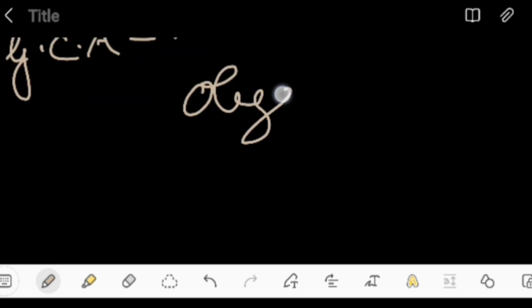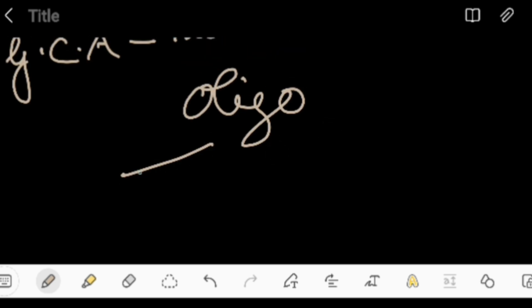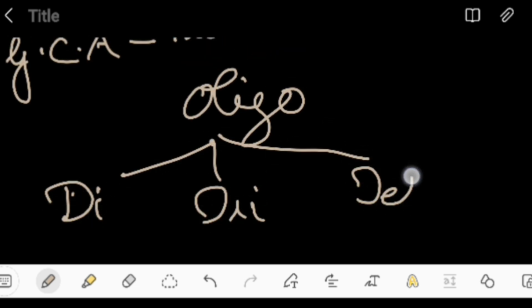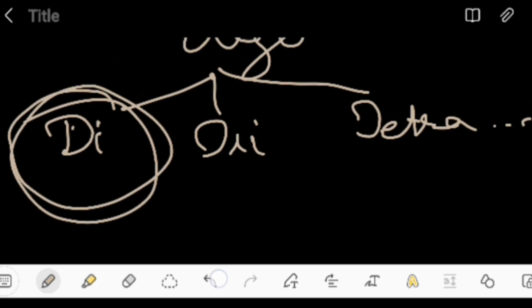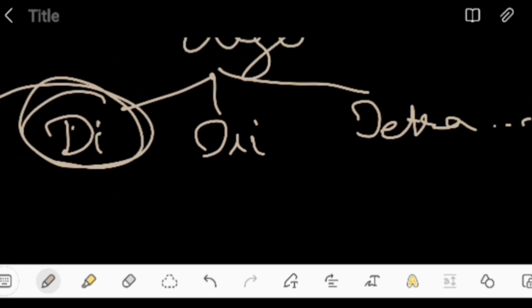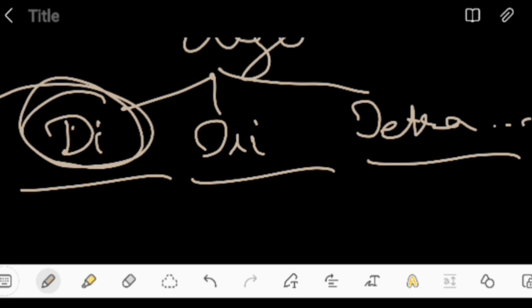Oligosaccharides are divided into disaccharides, trisaccharides, tetrasaccharides, etc. You only have to study about disaccharides.